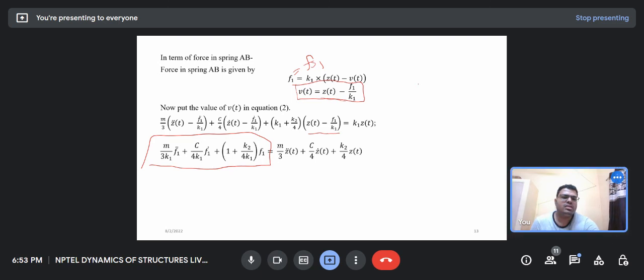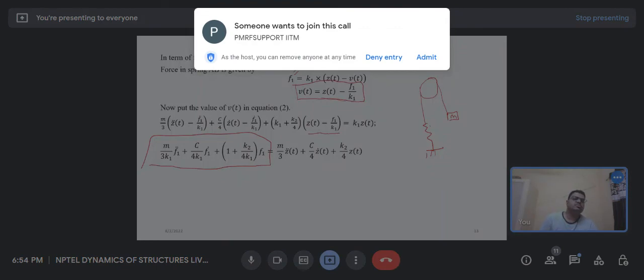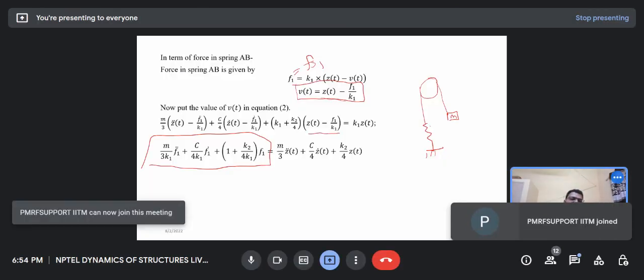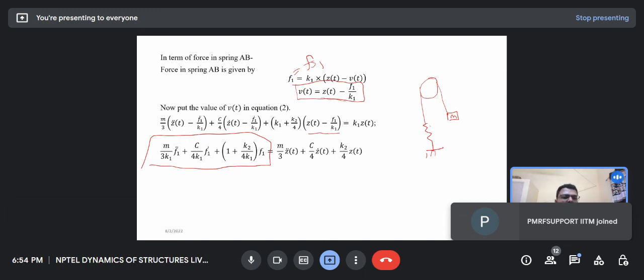If a pulley is here, a spring here, and some mass block is here, how can I find the degree of freedom of this system? This is the simplest problem. This is a pulley.